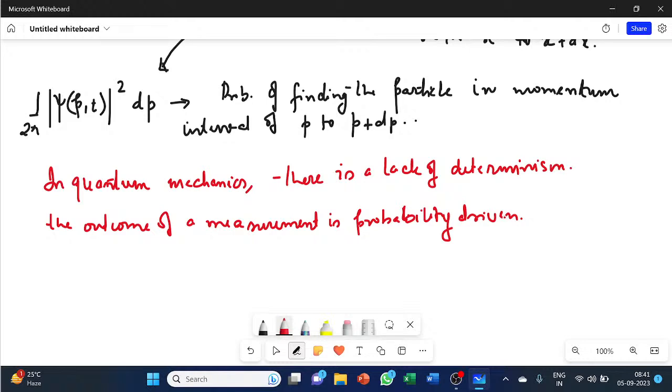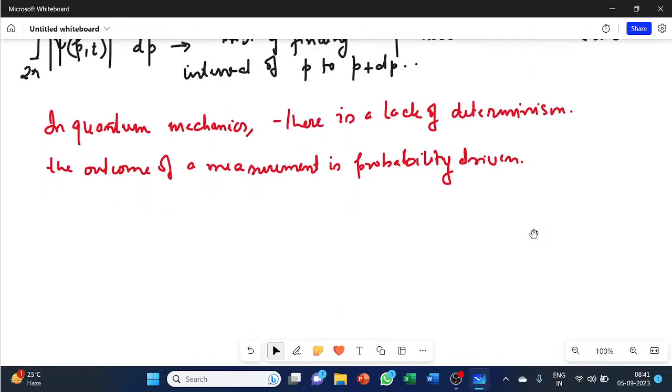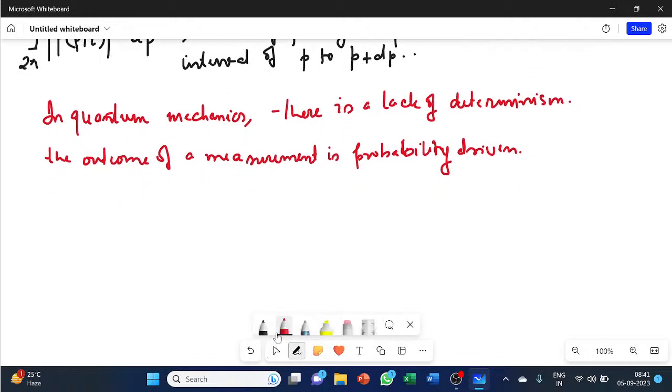I'll write it here so that it will be easy for you. Just give me a minute. A little bit of it, so that you'll be able to understand. All these things we are going to see in postulates, but right now, because I have started directly with wave mechanics, let us look at measurement in quantum mechanics.